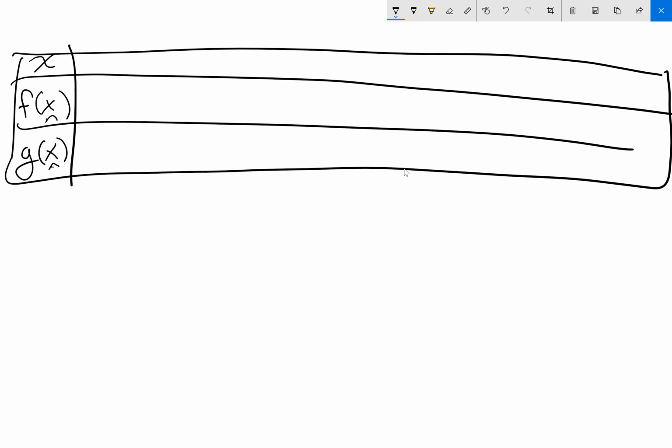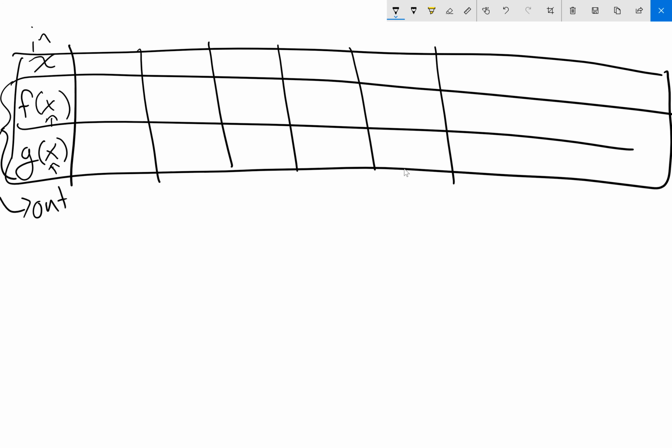So x is going inside of our function, so we know that this is the input, and these are the outputs. So let's see, 1, 2, 3, 4, 5, 6, 7. Again, I lied, I'm just going to write down this whole thing.